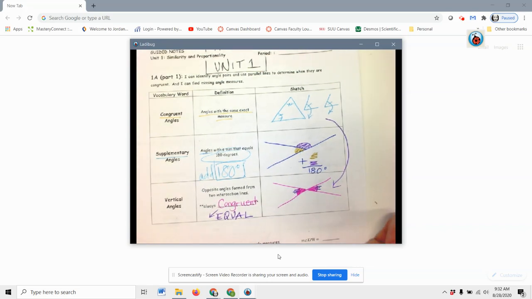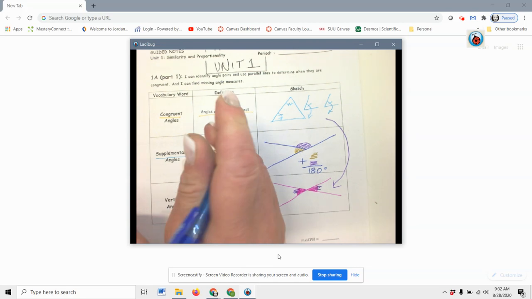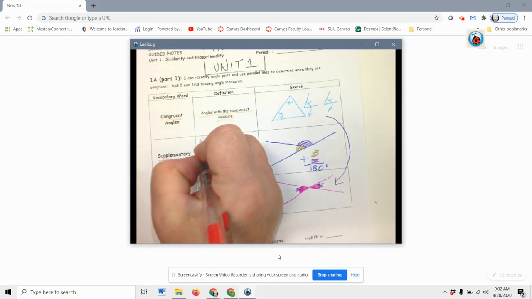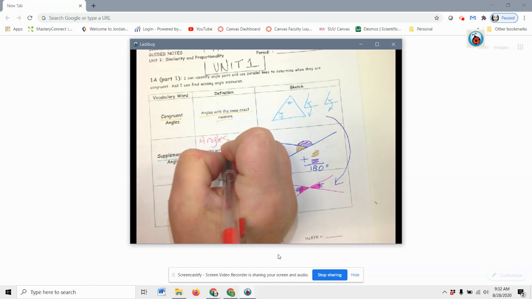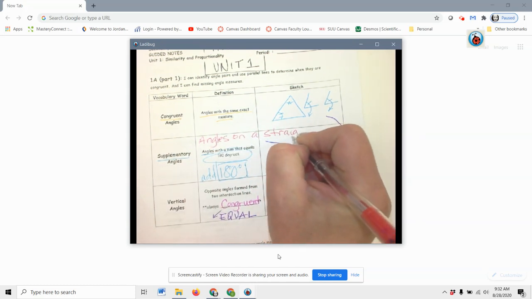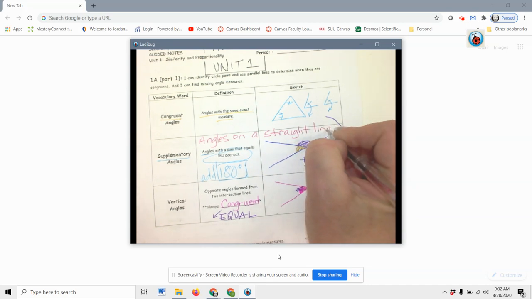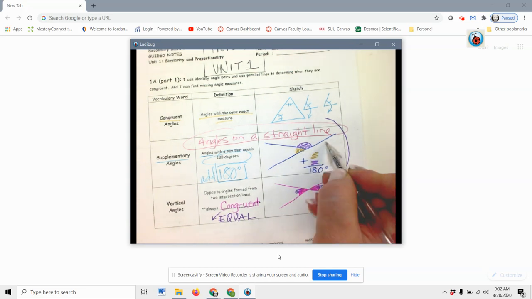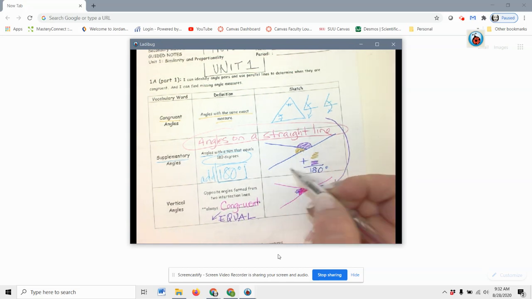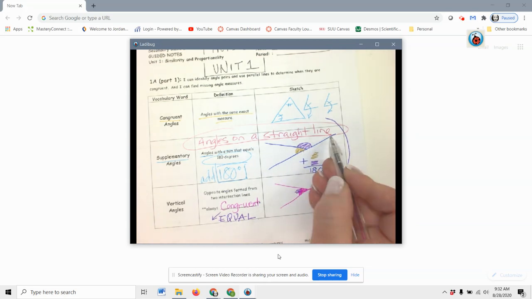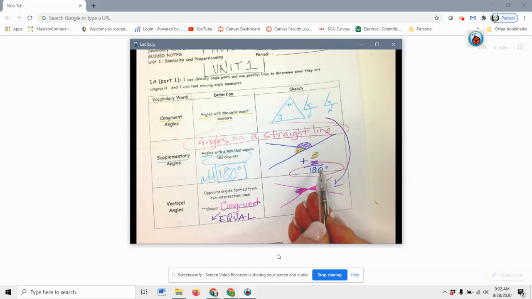The key here is that these both are angles on a straight line. So look for angles that add up to a straight line like this. When you see that there's a straight line, you know that the angles that make up that straight line are always going to add to 180 degrees.